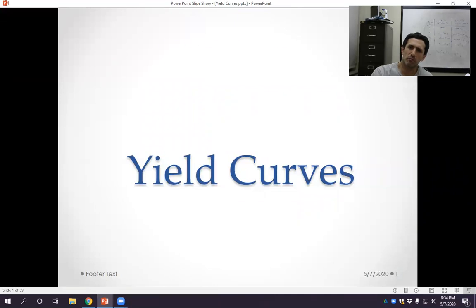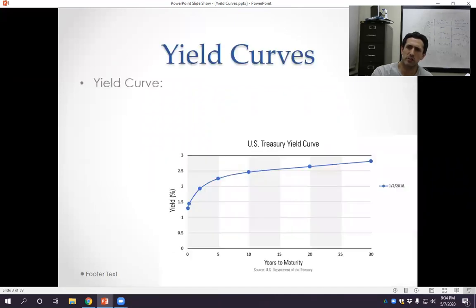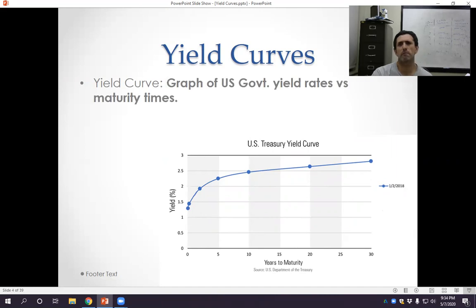But the concept of a yield curve is actually very simple, at least, and that is exactly what is shown here. It is a graph or a chart of U.S. government bond yield rates on the y-axis versus maturity times of the bond on the x-axis.